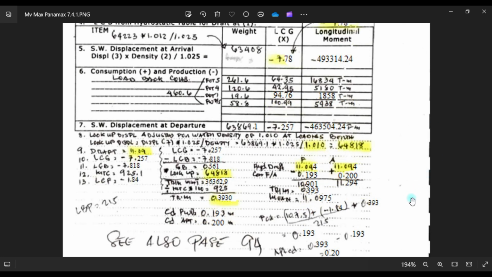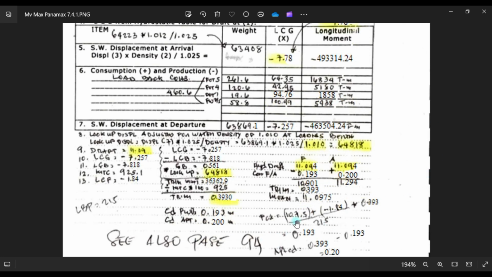Okay, so one half of your LBP, this is your LBP, one half of this is 107.5, plus your LCF, negative 1.848, which is this one, over your LBP of 215, multiplied by your departure trim, 0.393.